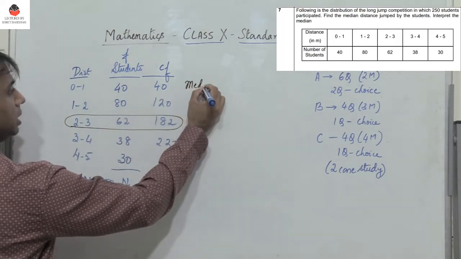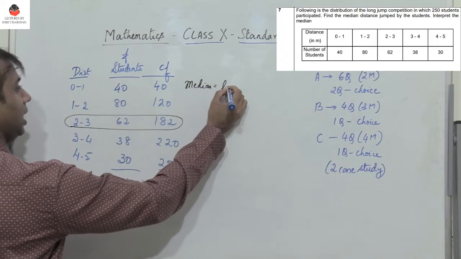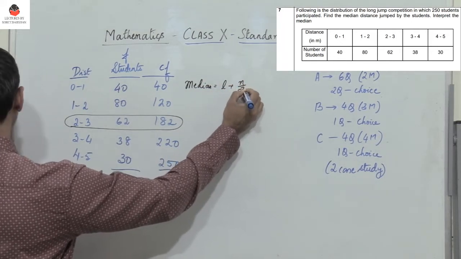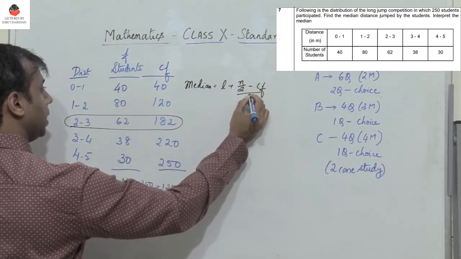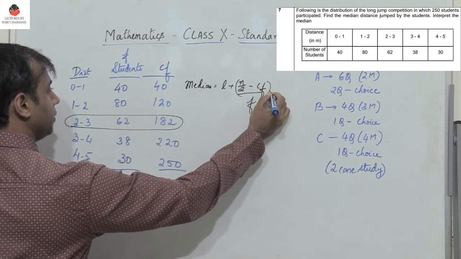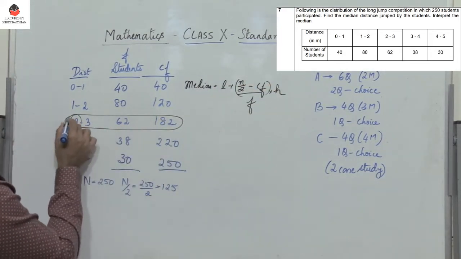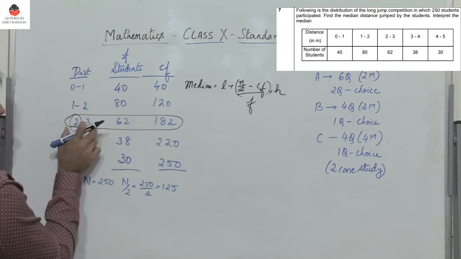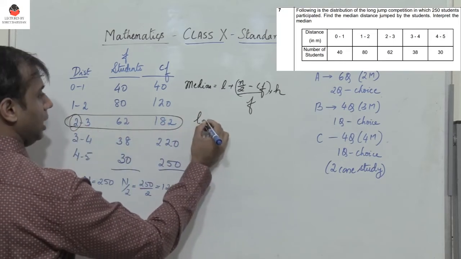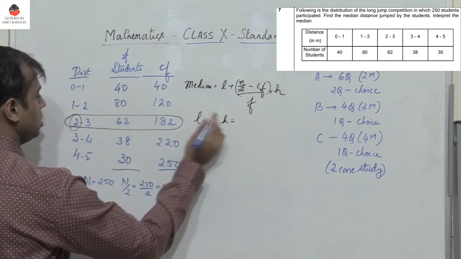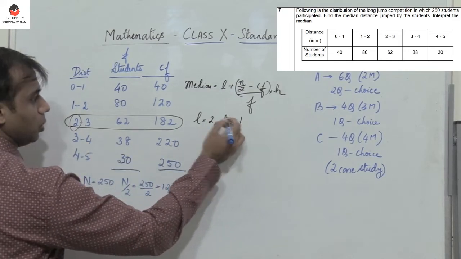To find the median, the formula is L plus N by 2 minus CF by F into H. Right? So now what is L? L is the lower limit of the class interval, that is the median class interval. L equals 2. H is of course 3 minus 2, which gives me 1.